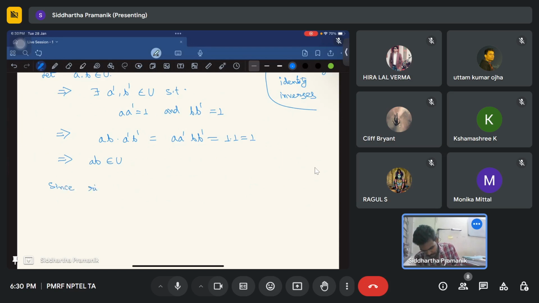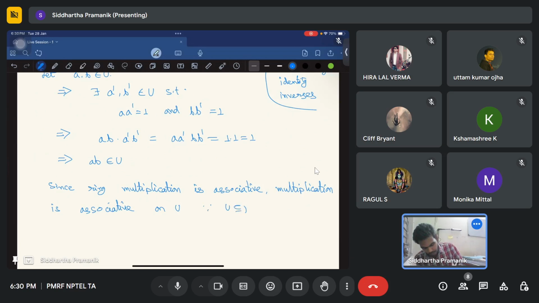Since ring multiplication is associative, multiplication is associative on U, right?